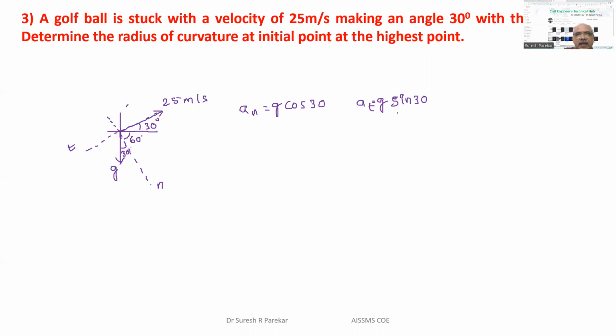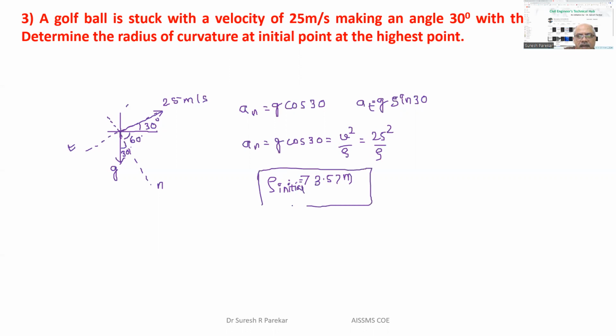We have to find the radius of curvature. It is related with an. So we have an equal to g cos 30 equal to v square by rho, and v is 25. From this we will get 25 square divided by g cos 30, and the value is 73.57 meters. This is rho at initial.